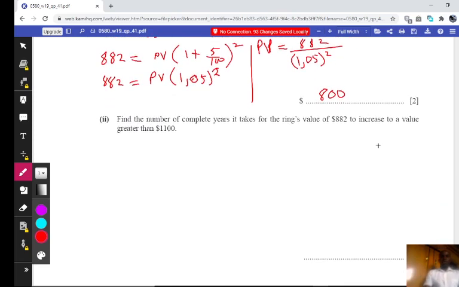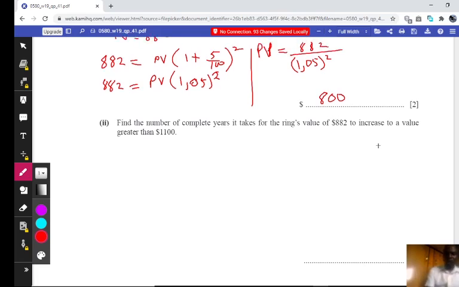Right, next question. Find the number of complete years it takes for the ring's value of 882 to increase to a value greater than 1100. In other words, it's still the same question.